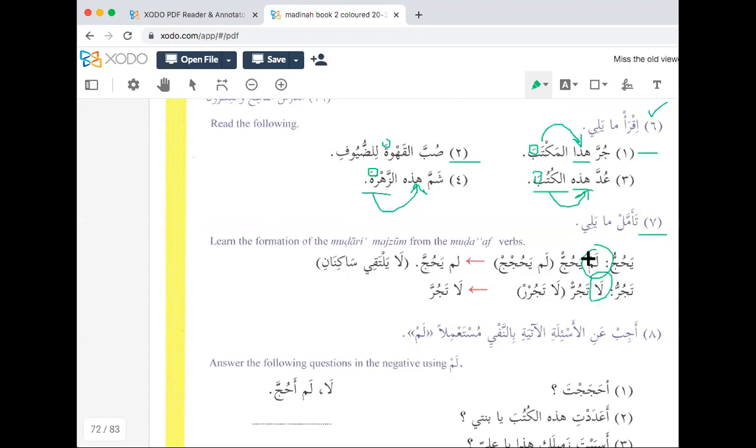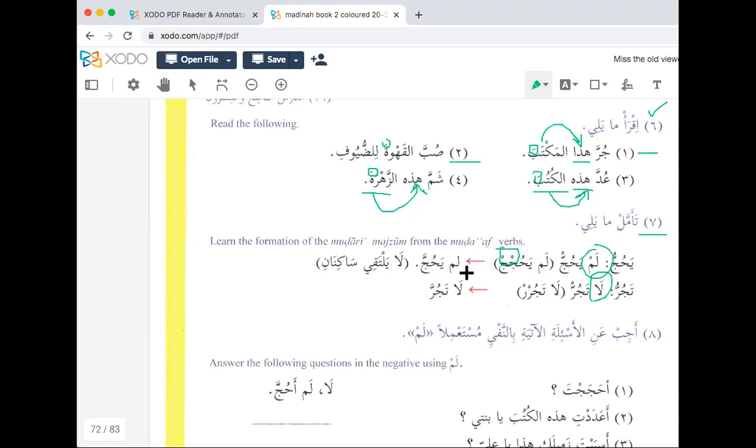This lam is a negator, and la is of prohibition. After them, number 1, they enter upon the fi'l mudari', and number 2, the fi'l mudari' is going to become majzoom. Majzoom means takes a sukoon. Now you can't give a mudha'af verb a sukoon, because what happens when you do that? This.